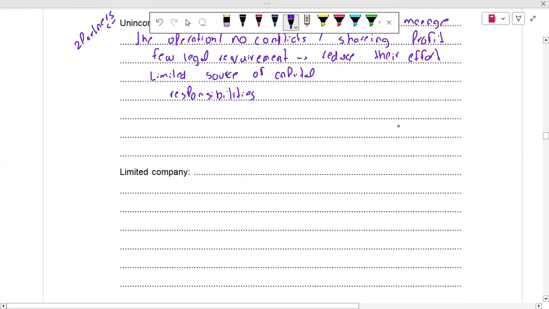Okay. So after that, about the limited companies. One advantage, the plus thing, is that there is limited liability.